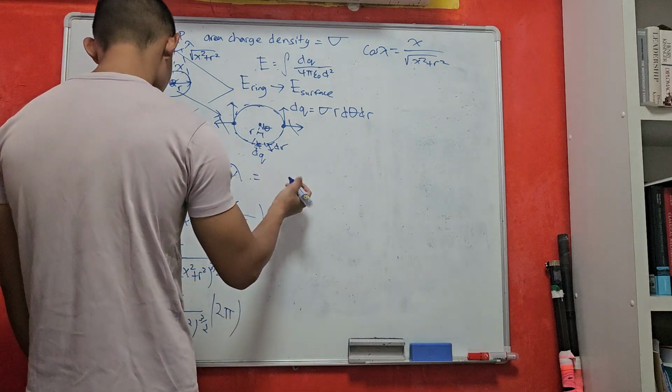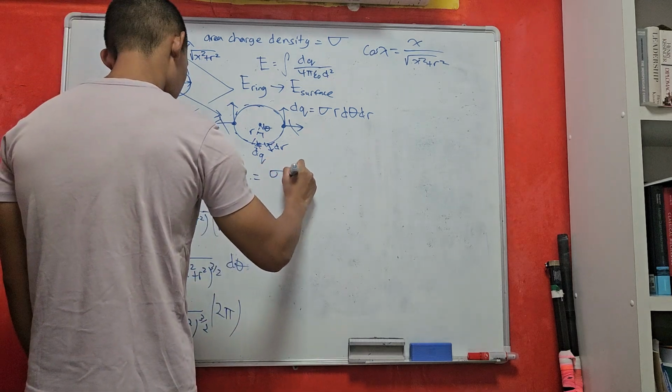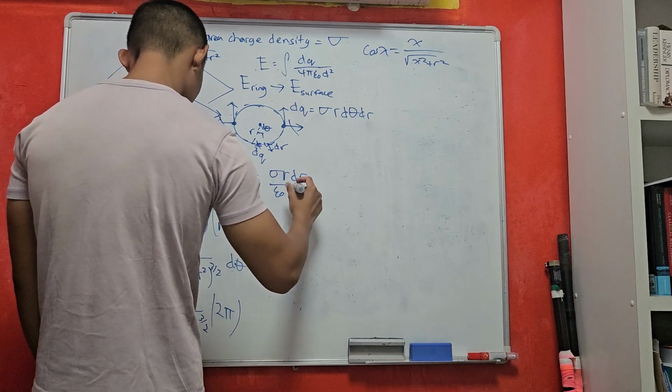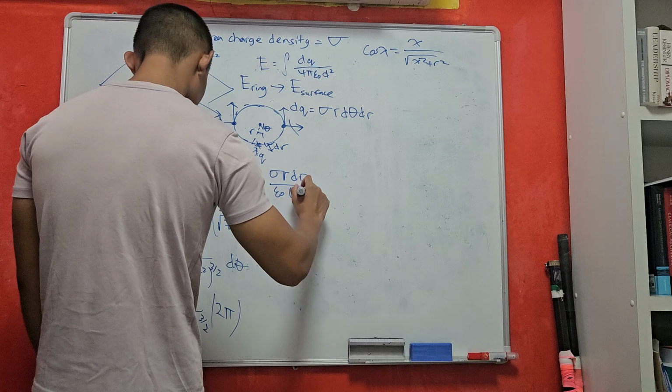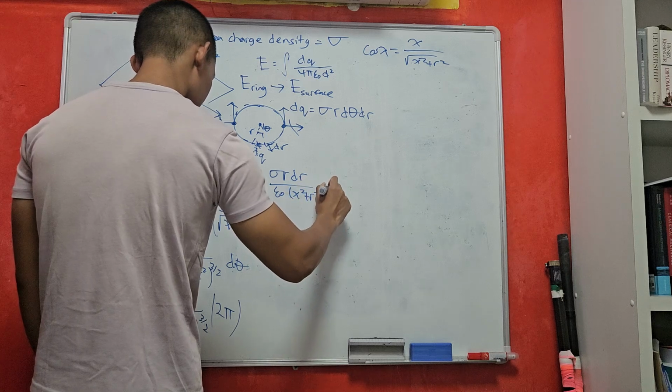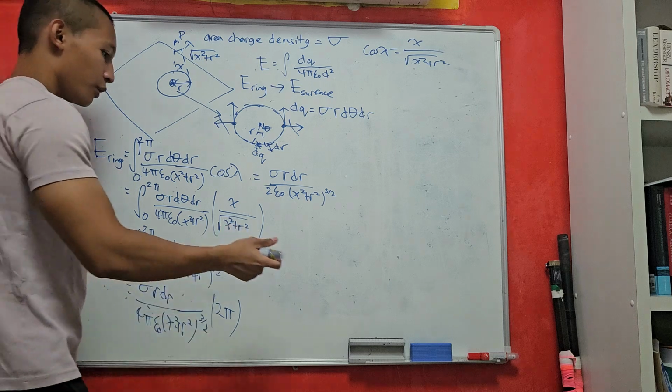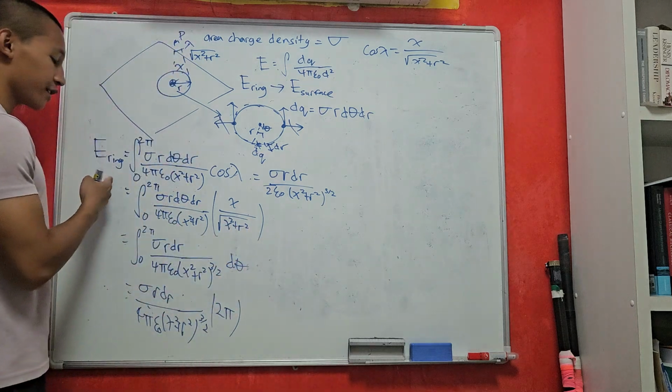And this just gives us sigma r dr over 2 epsilon naught times x squared plus r squared to the 3 over 2. Alright, so we have the expression for the electric field of one ring.